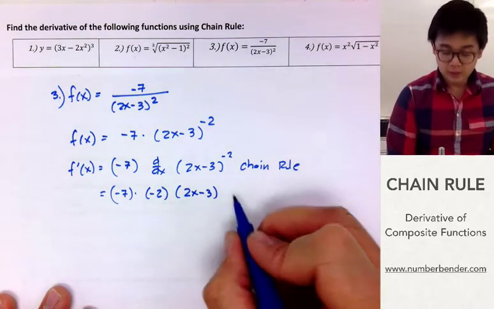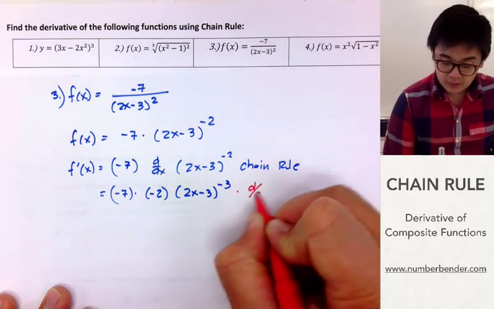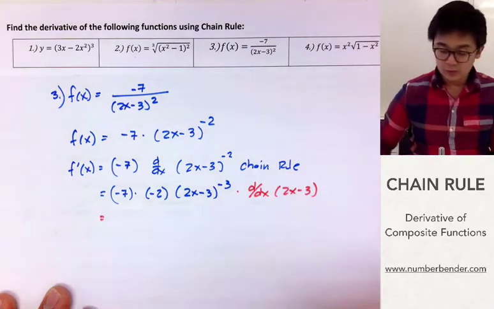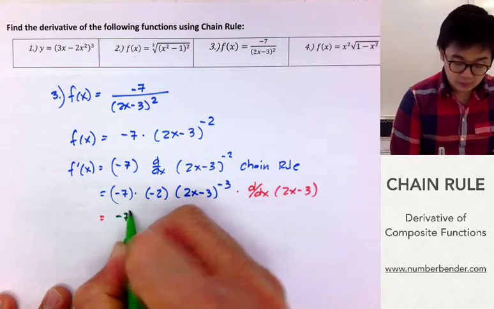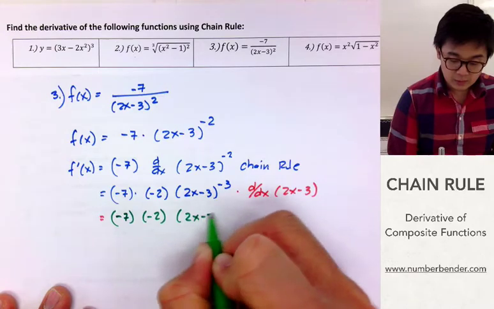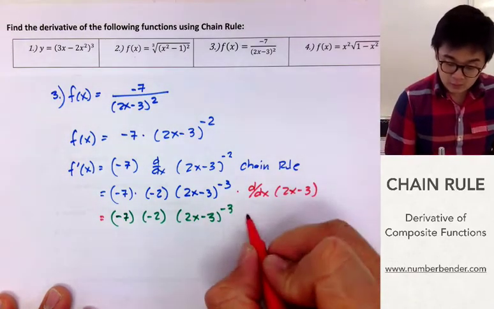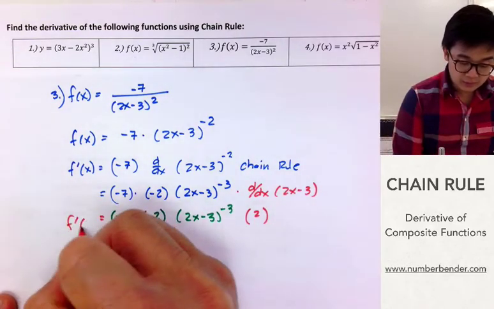Negative 2 minus 1 is negative 3, multiplied by the derivative of 2x minus 3. So to simplify our function, negative 7 will still be here, negative 2 will be here, and 2x minus 3 will also be here, but the derivative of 2x minus 3 will simply be 2. So this is now our derivative function.